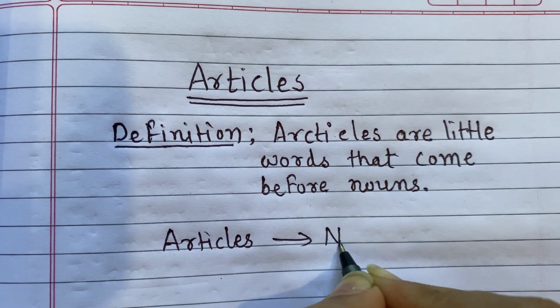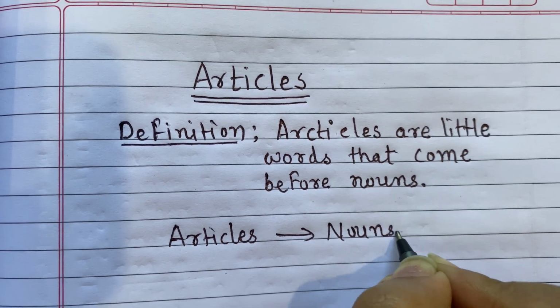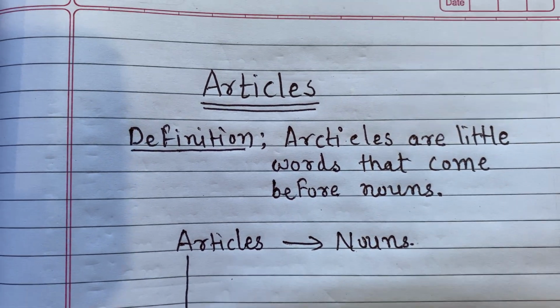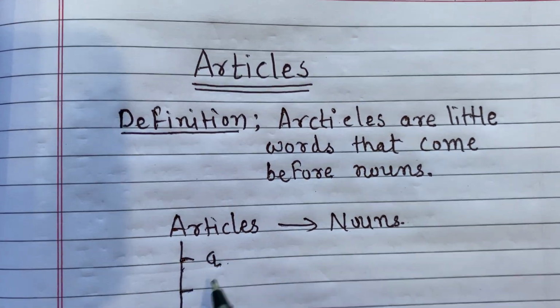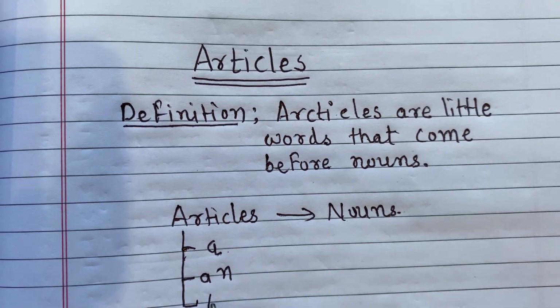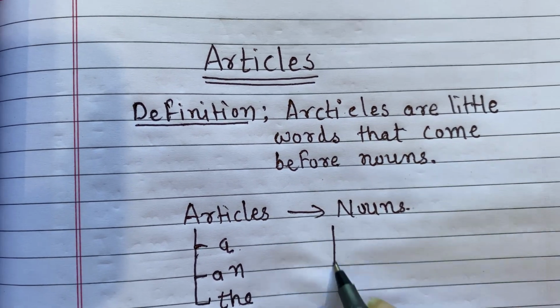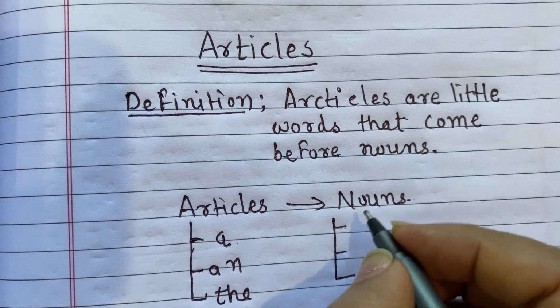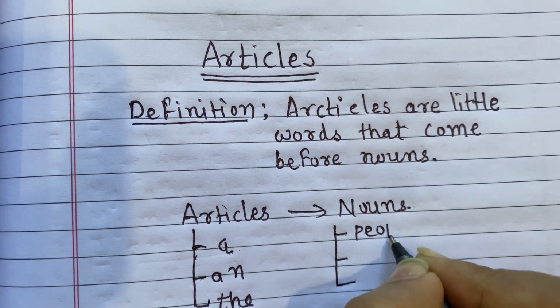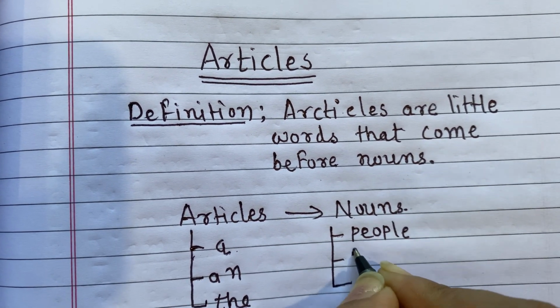Articles and nouns. Articles are a, an, and the. And nouns can be people, things, or places.